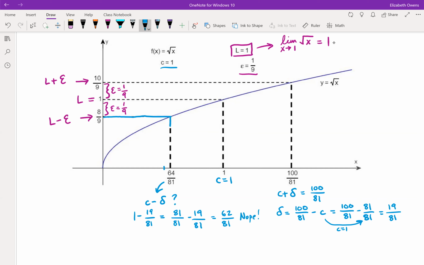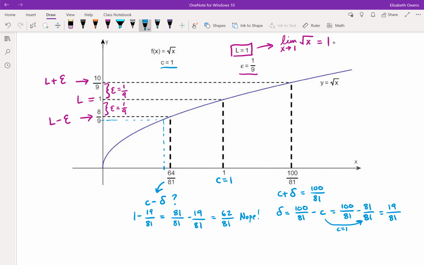That corresponds to an x value of 64/81. So this is the lowest x value we could have. 62 over 81 falls outside that interval, so we actually wouldn't be able to use that and still fall within the right interval of y values. See, we slip out of the interval underneath there. It's less than 8/9. So that's not so good.